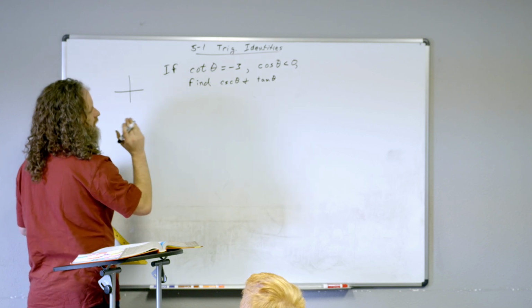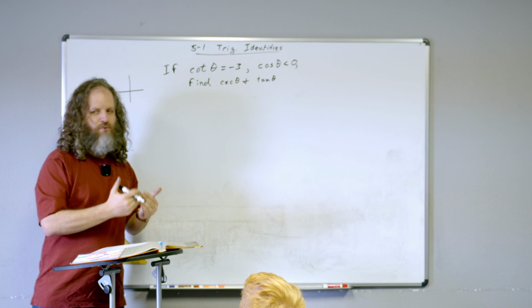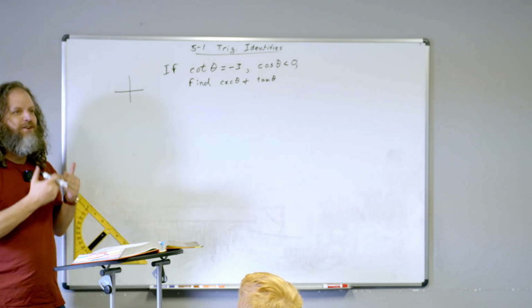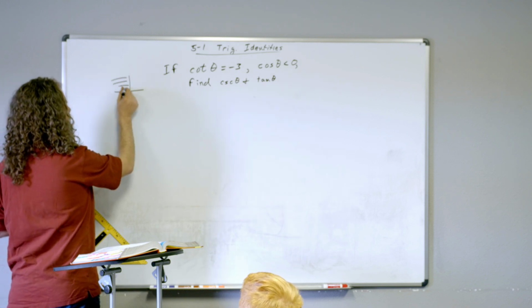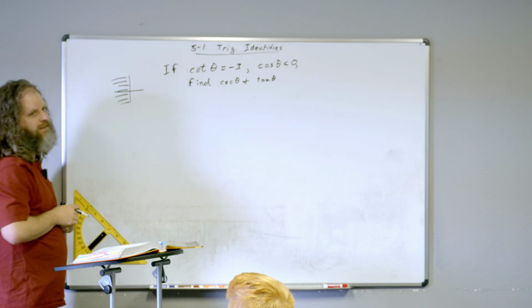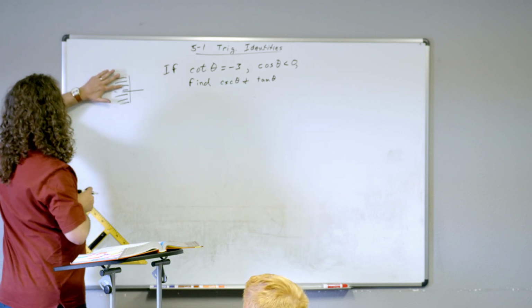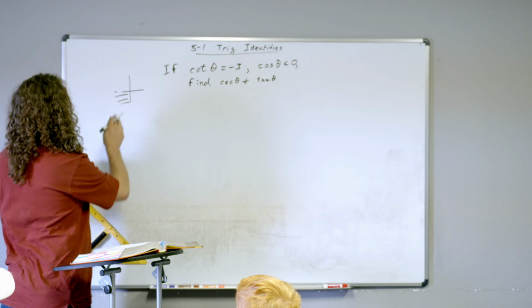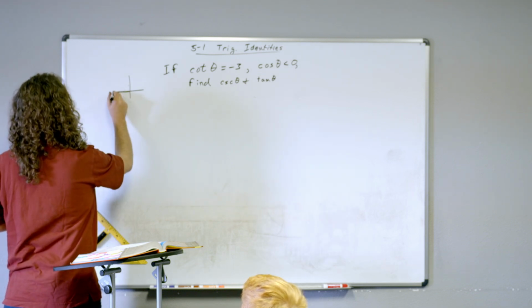So cosine theta less than 0 means cosine, in English, is what? Cosine's on the left. It's negative, so it's x. So yeah, we're over here somewhere, right? We're in quadrant 2 or quadrant 3. Now, cotangent is -3.